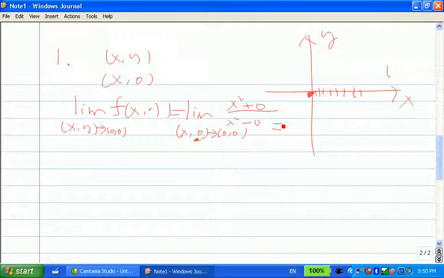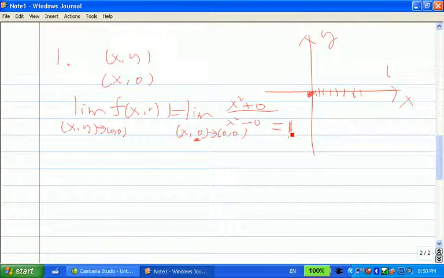Let me tell you something. X goes to 0, but is not equal to 0. You don't say, oh, I plug in x as 0, undefined. X goes to 0, but not equal to 0. So as long as x is not 0, we can cancel this and it gives you 1.